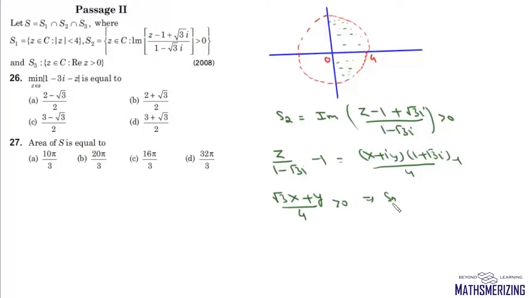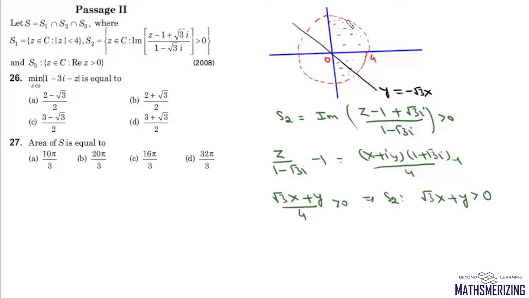So this S2 represents all the points which satisfy the condition that root 3x plus y is greater than 0. So it will be this straight line y equals minus root 3x, and if we put x is 4 and y is 0, it will satisfy this inequality.